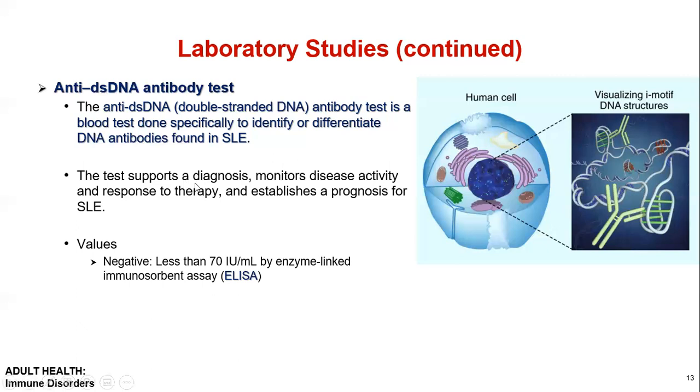The test support a diagnosis, monitor the disease activities, and also response to the therapy, and also established a prognosis for SLE. Usually the value negative should be less than 70 international unit per ml by ELISA. ELISA stands for enzyme linked immunosorbent assay. This is the test name.